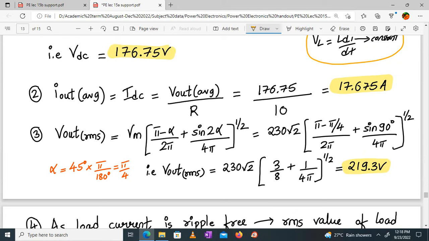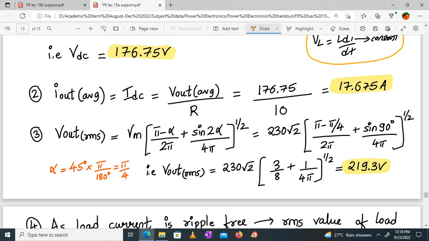Remember V in RMS is 230, so Vm will be 230 root 2. And alpha you substitute over here: how will you convert 45 degrees into radians? Multiply by pi by 180. So it is pi by 4. So please verify if the value of V out RMS is 219.3.